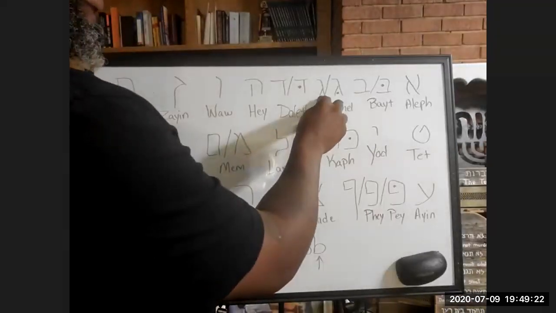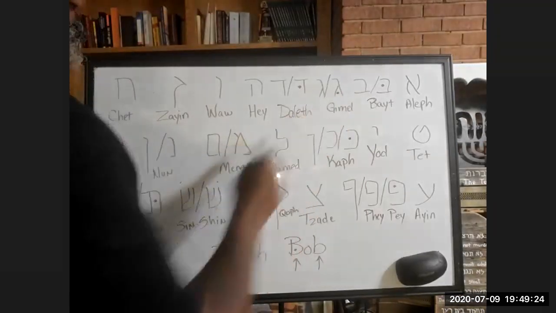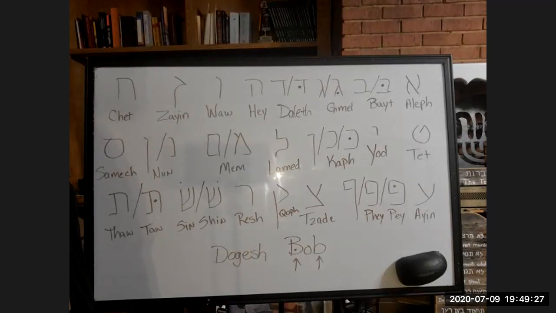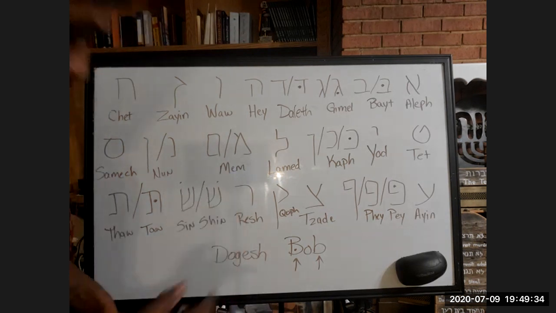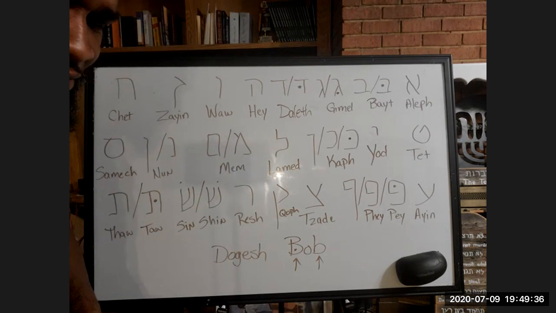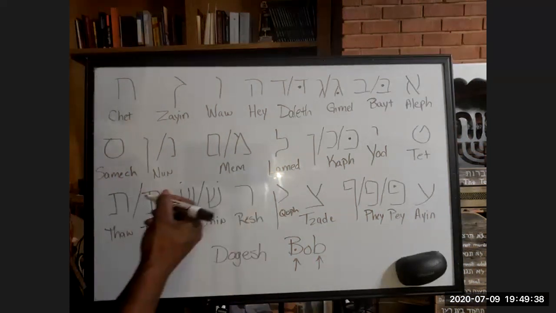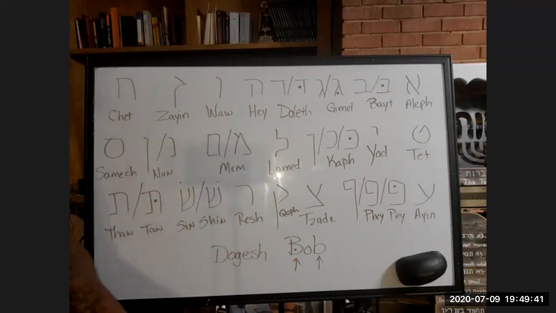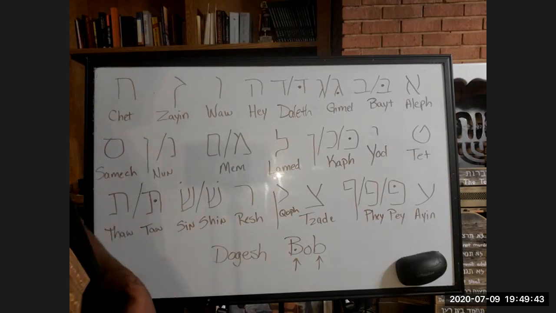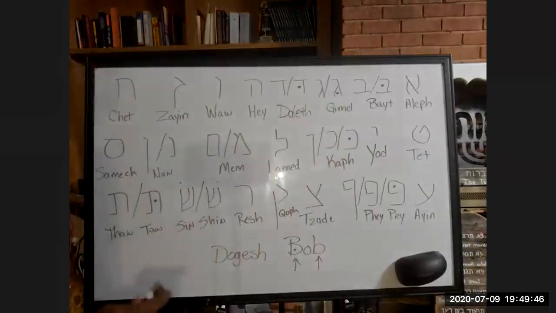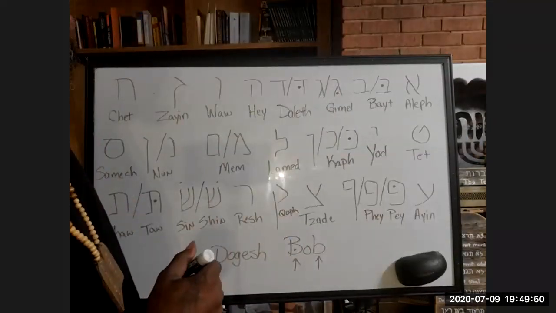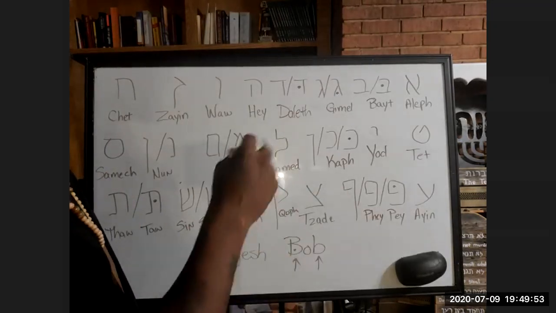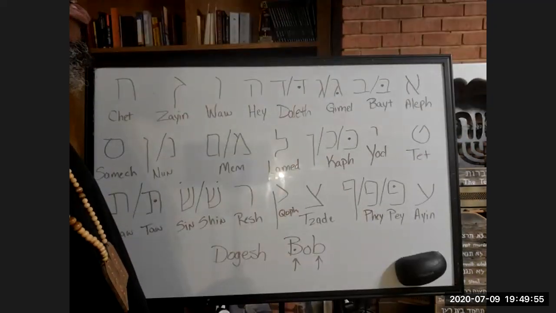But the gimel without the dagesh is more of a GH, like ghost. It's a good example I just came up with. So the dagesh in your gimel is going to make your hard G. Without the dagesh, I'll get into that in a minute, it's more of a GH.